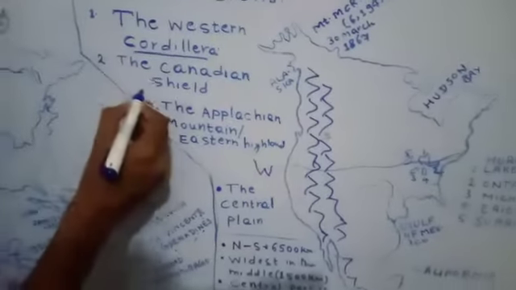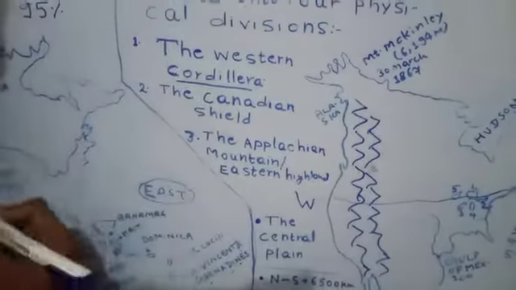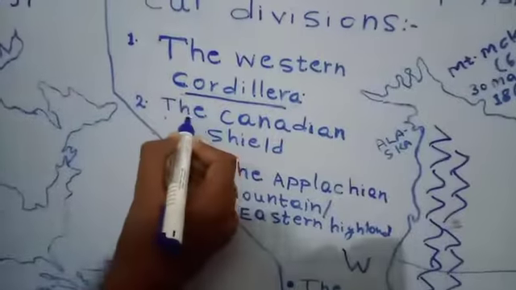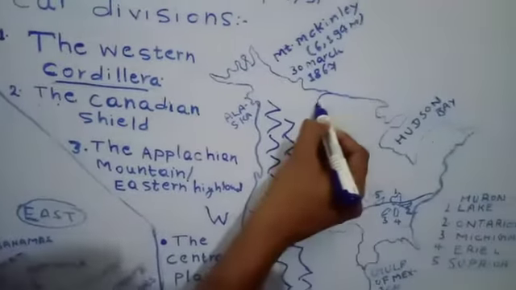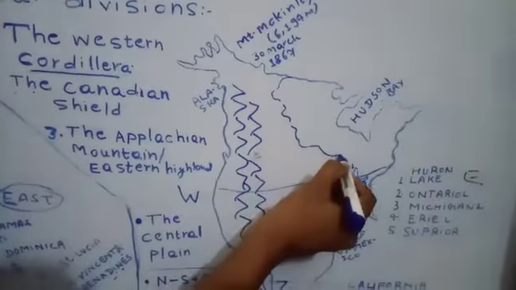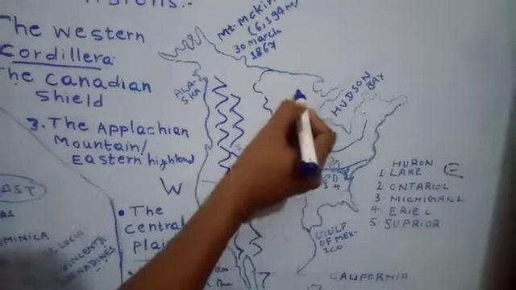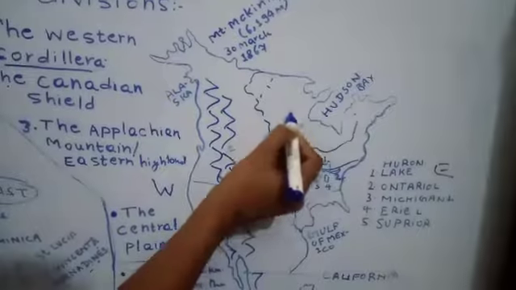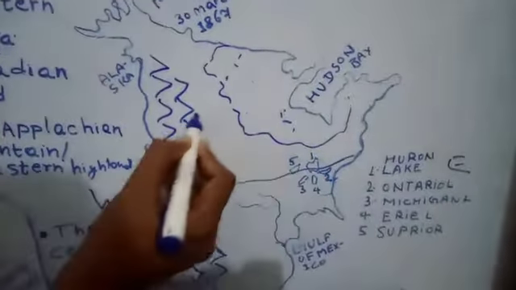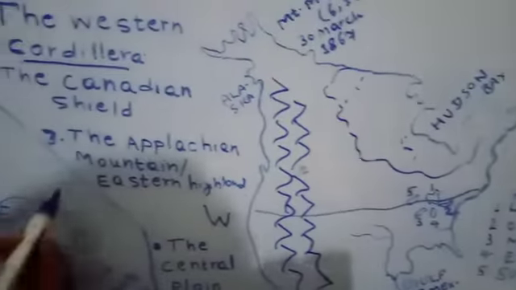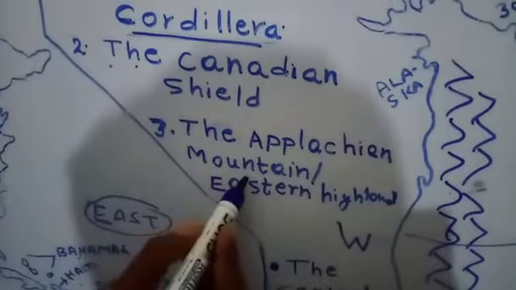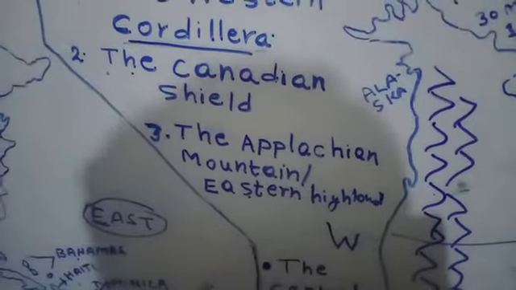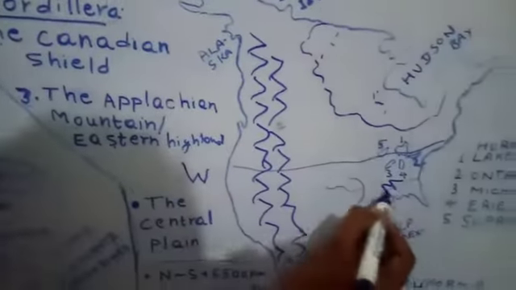Then after that, the second physical feature is the Canadian Shield. The Canadian Shield is situated in Canada along Hudson Bay. Then after that, the Appalachian Mountain is the third, which you can also call the Eastern Highland. The Appalachian Mountain is situated here.